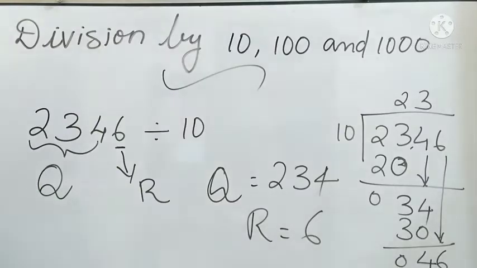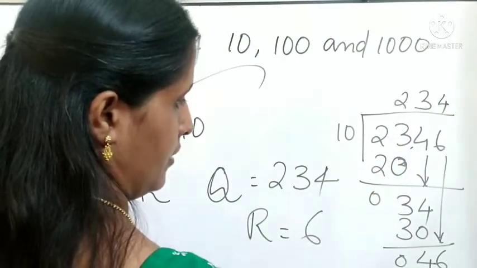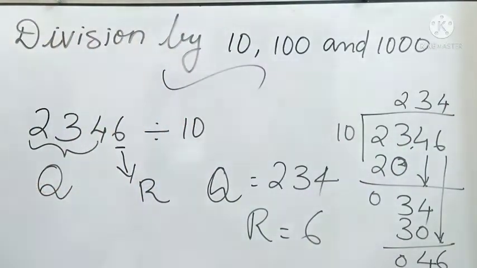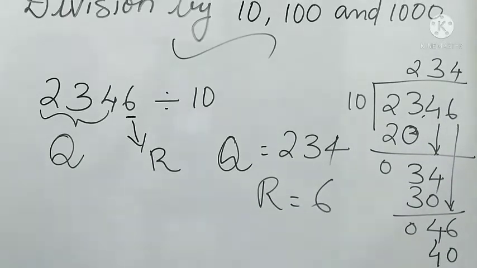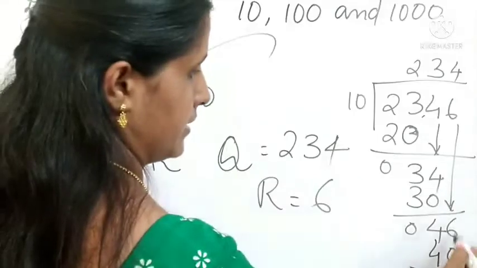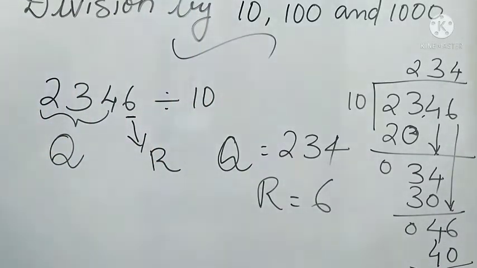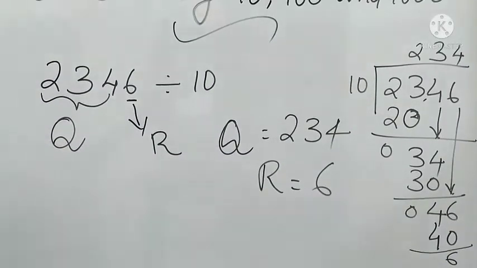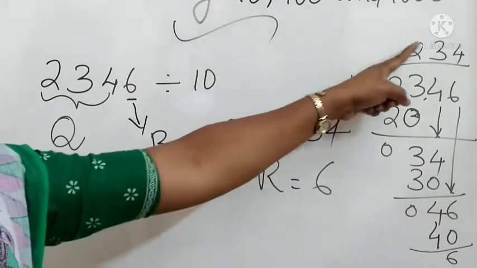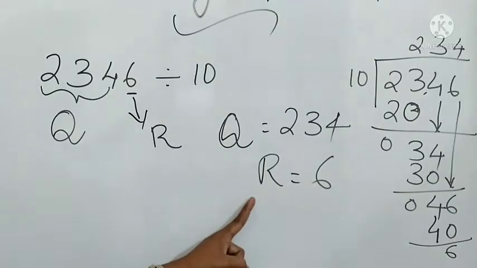How many times 10 in 46? Yes, 4 times, 40. So, 46 minus 46. So, here 234 is the quotient and 6 is the remainder.